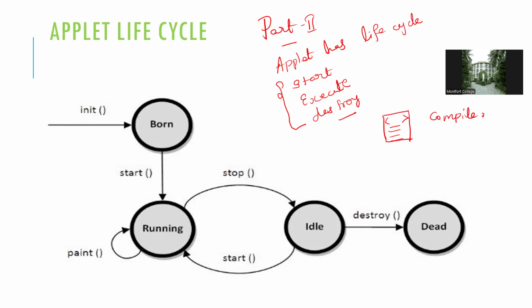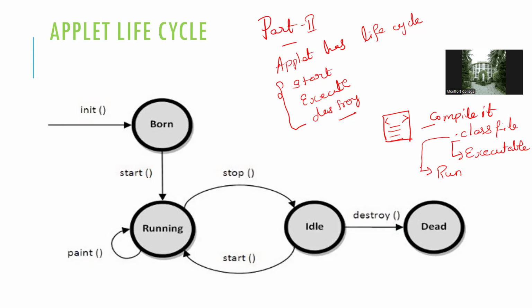Once we compile it, we will get a dot class file. This class file is going to be the executable file, which means first we will compile, then we will run. When we run the code, this class file will be taken and given to the CPU.